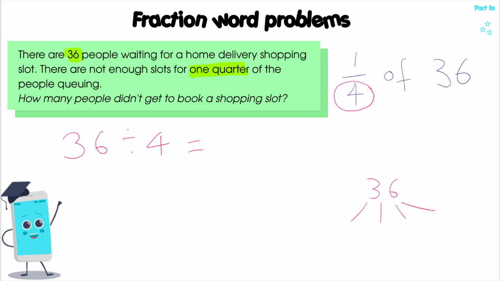If you don't know it instantly, let's count up in our 4s. 4, 8, 12, 16, 20, 24, 28, 32, 36. That was 9. So in each of my 4 groups, there would be 9 people. And I just want to look at 1/4, one of my quarters. My answer is 9.